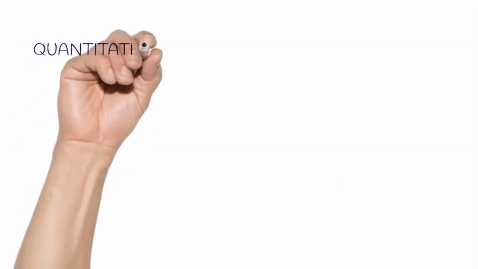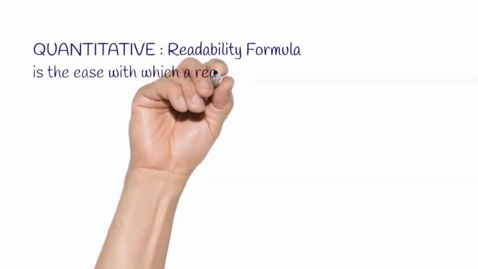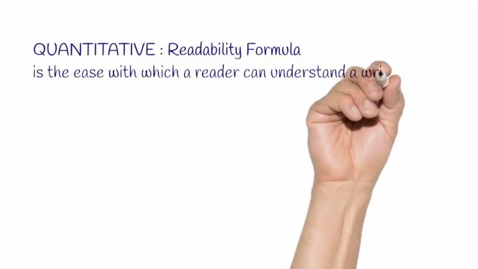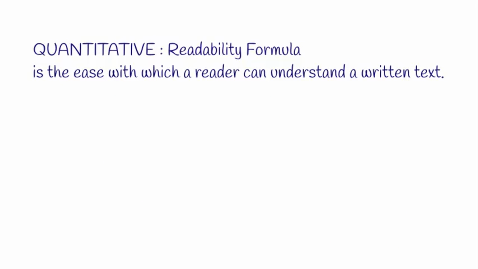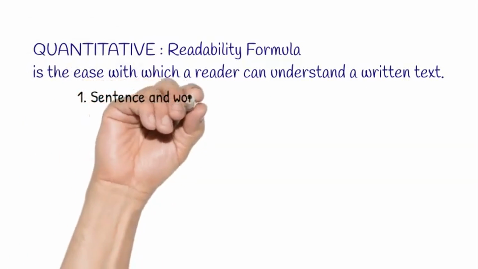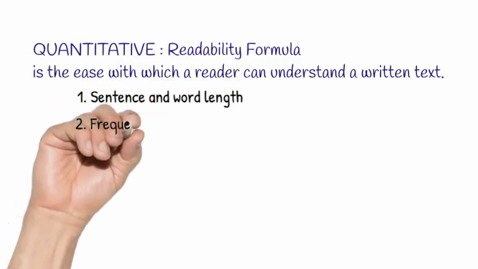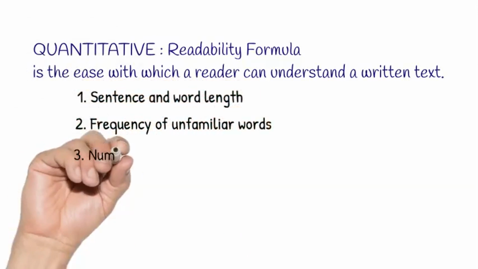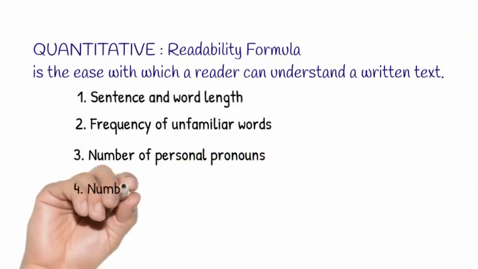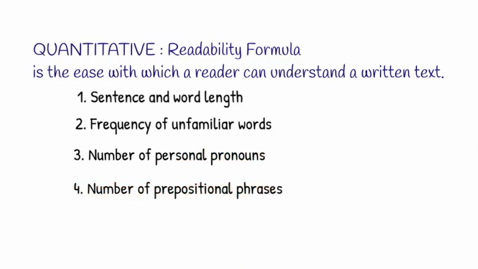One way to do a quantitative measure is to use a readability formula that assigns a grade level or value based on the following text elements: sentence and word length, frequency of unfamiliar words, number of personal pronouns, and number of prepositional phrases.